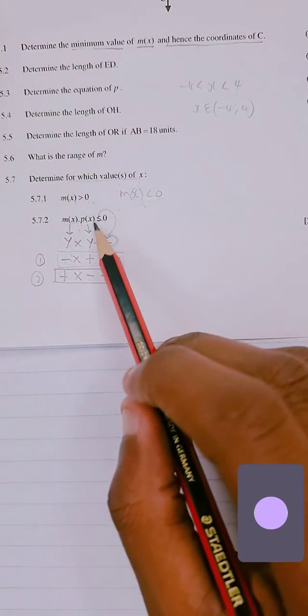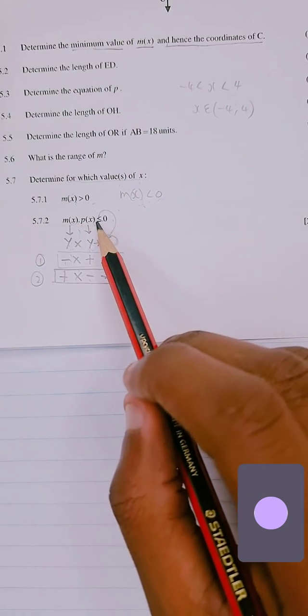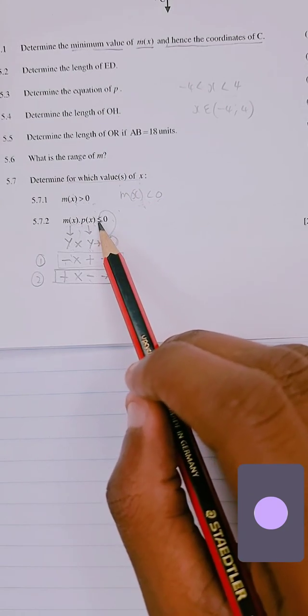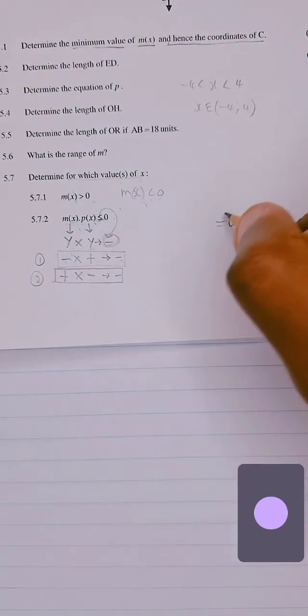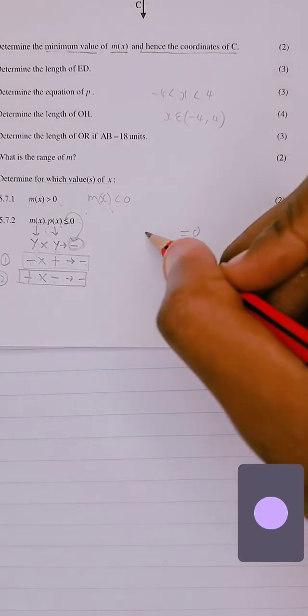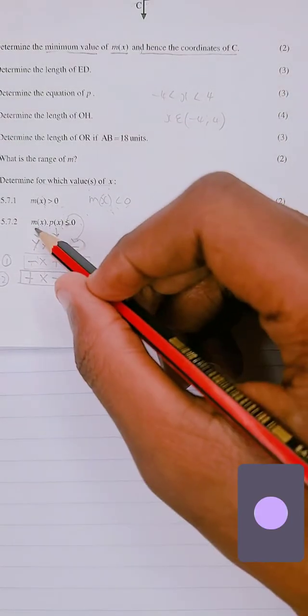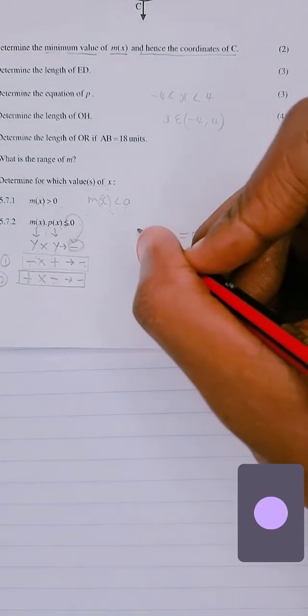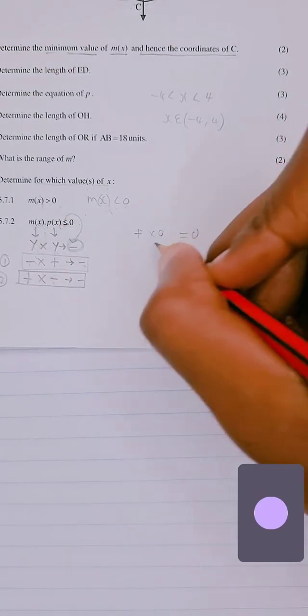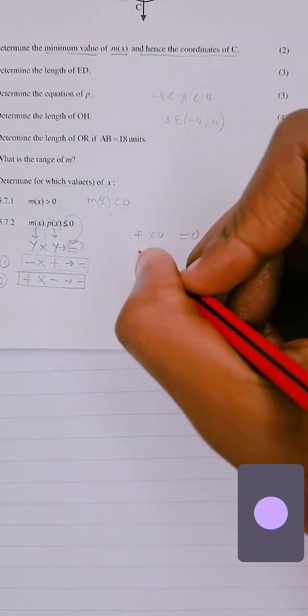Now listen and check this very quickly. Remember here we had less than 0, but there was also an equal to 0. So equal to 0, we can only get equal to 0 if, let's say, maybe for y of m of x, it's positive, and y of p of x is 0. Any positive times 0 is 0.